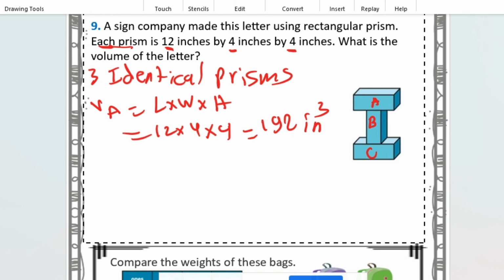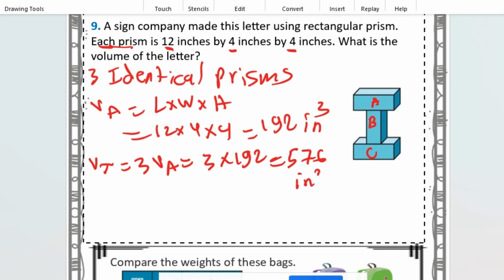Now V total will be what? 3 times V of A, or any one. You just multiply by 3, because they all have the same volume. So which is 3 times 192, which will give us an answer of 3 times 100 is 300. 3 times 92 is 276, so 576 inches cube.